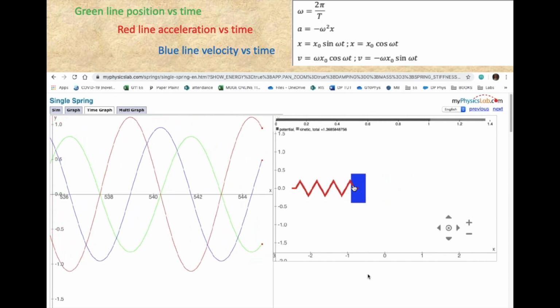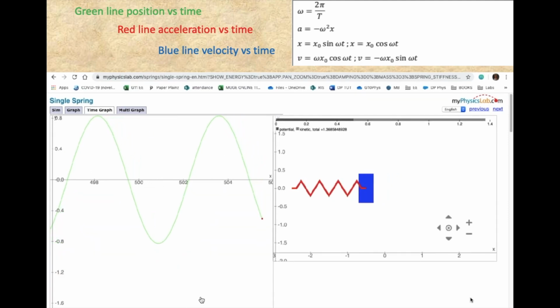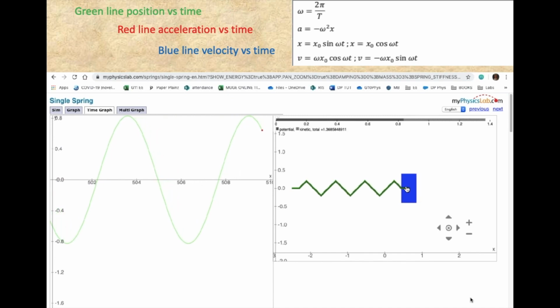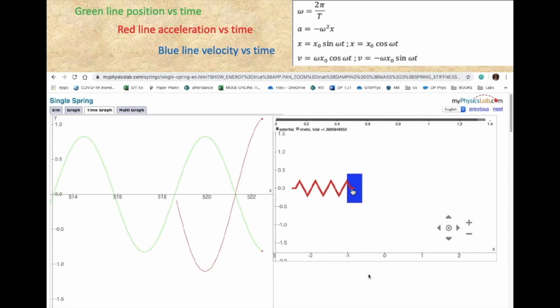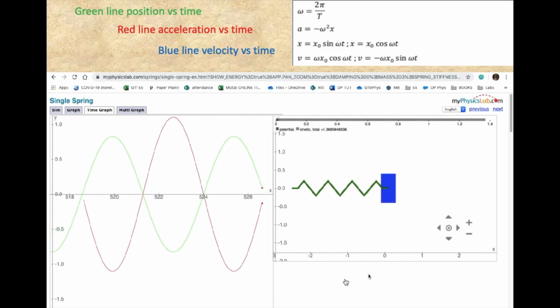See, this is where velocity is 0, maximum. Let's play again. Velocity 0, maximum, 0, maximum, and so on.